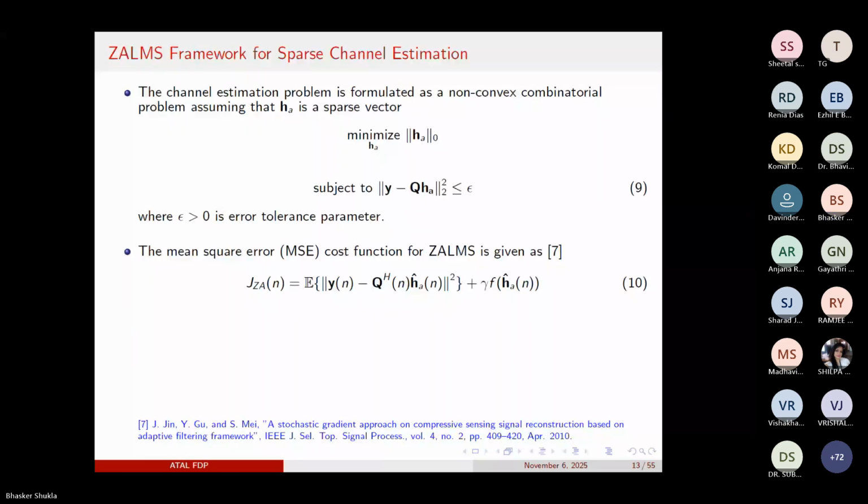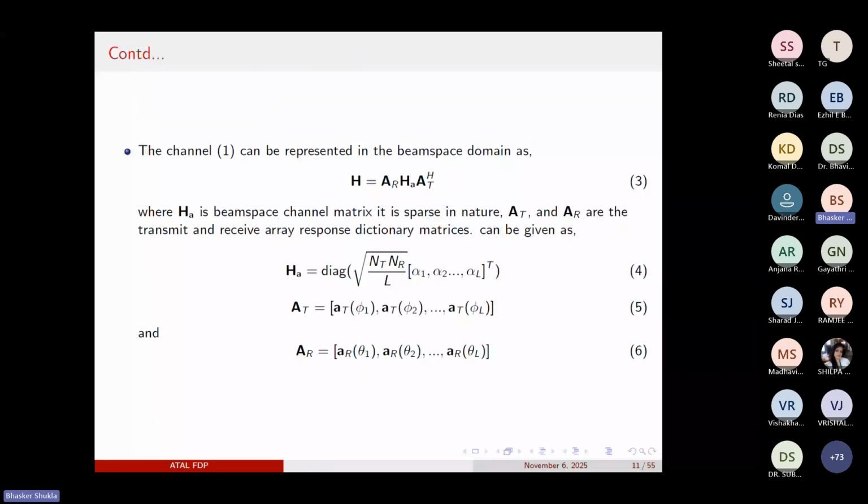So basically, the problem formulation for millimeter wave is given by this equation 9, where ha, small ha, is the vectorized form of the beam space channel HA, and it is also sparse.